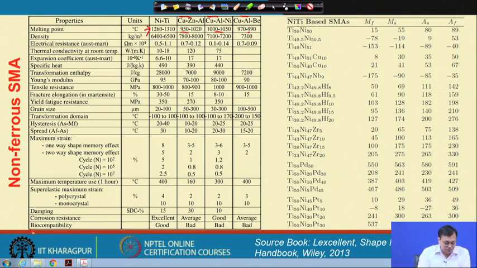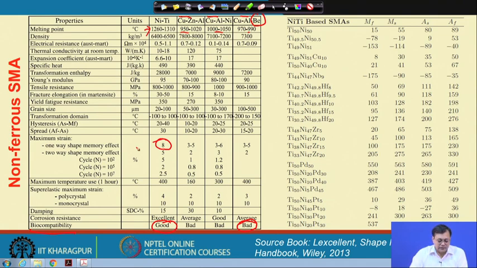If you simply look at biocompatibility, nickel-titanium is the best biocompatible material, and the beryllium-containing alloy is not preferred at all. However, for the one-way or two-way shape memory effect, the maximum strain can be generated in the nickel-titanium system, which is around 8%.